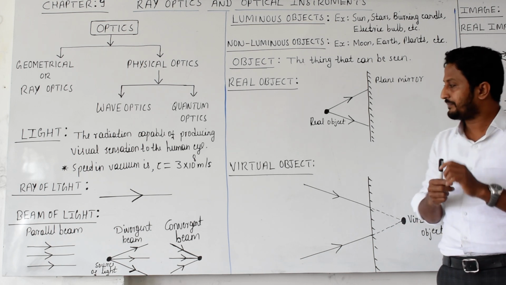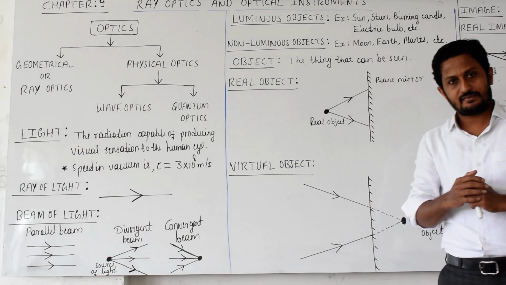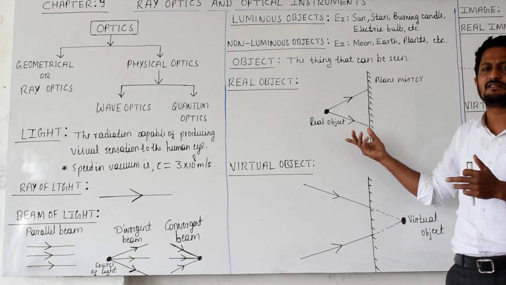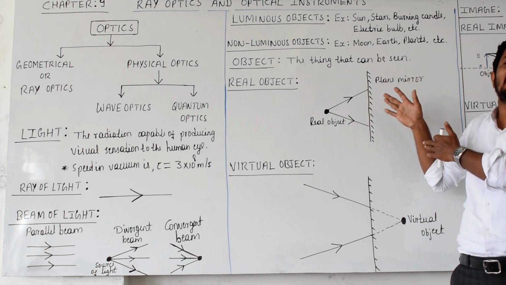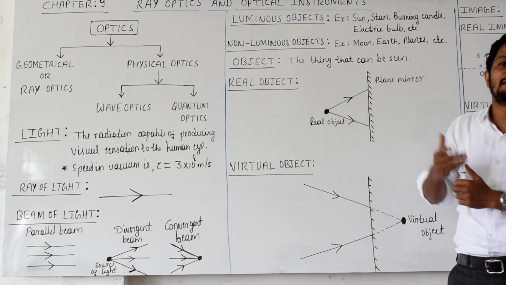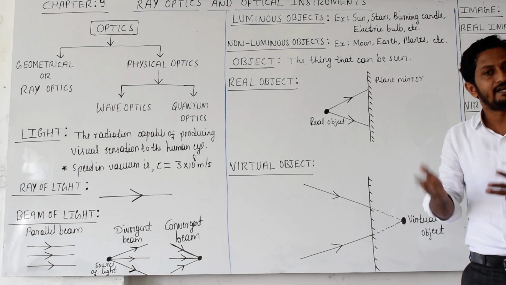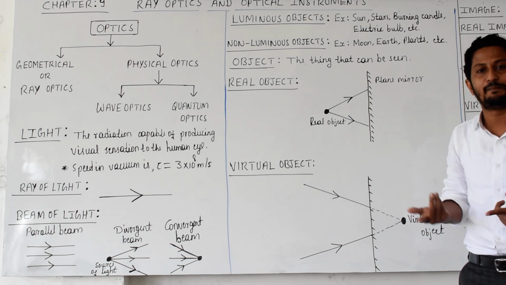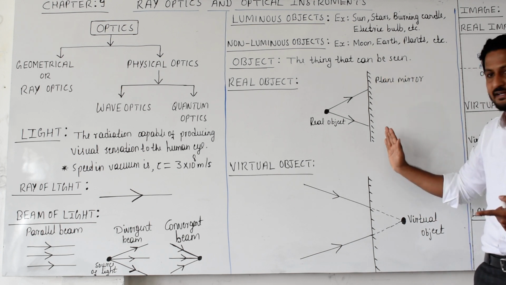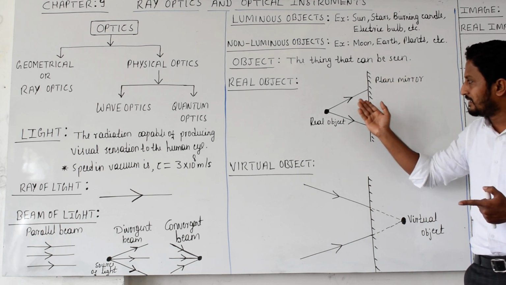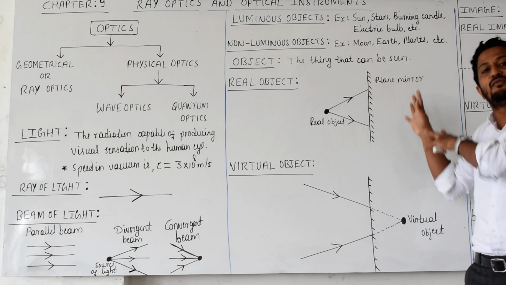Look here. The incident light rays, incident meaning they are going to fall on any optical element. Optical element means it may be a mirror, a lens, or a prism. See, here the mirror is there. On this mirror, these light rays are going and falling.